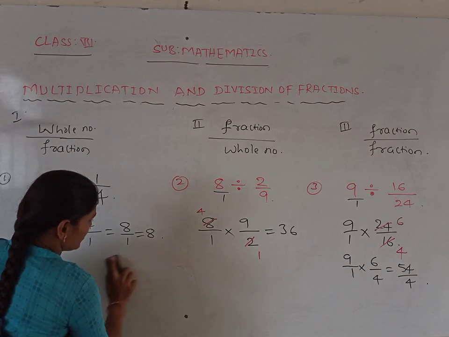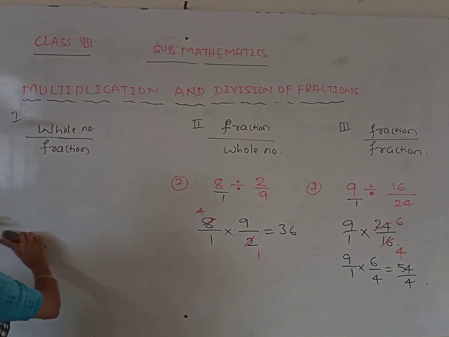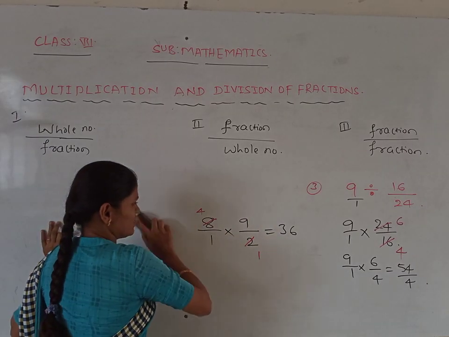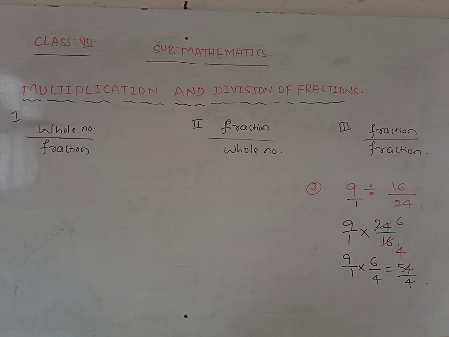Okay. Next one. Fraction by whole number. That also works the same way. Keep the first fraction as it is, multiplied by the reciprocal of the second. So take the next type of question, fraction by whole number.